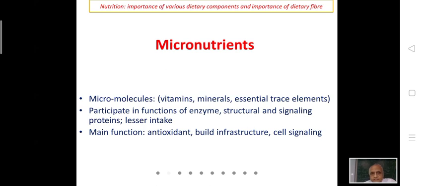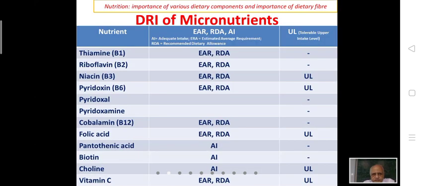Some of the molecules are needed for cell signaling. And this is for signal transduction part. Now, the amount of the micronutrients which is recommended, you see in the list, the table I've listed, it's also borrowed from the book, Vasudevan's book.